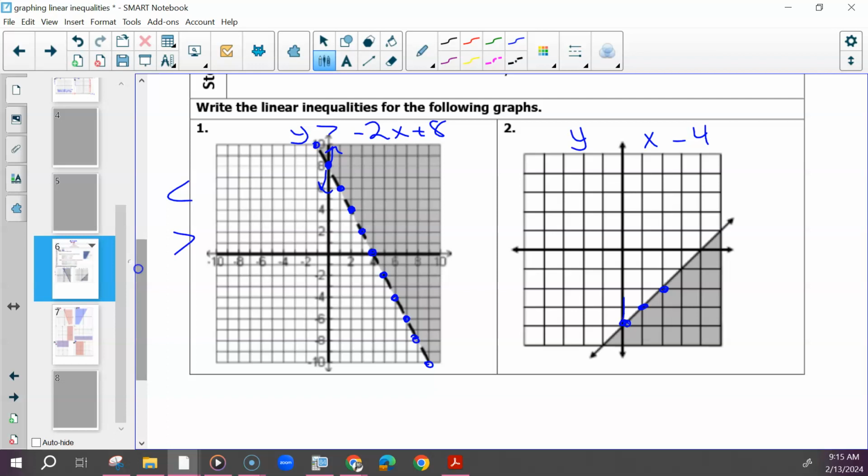Is it shaded above or below the line? Below. So would that be less than or equal to or greater than or equal to? Less than or equal to. Do you have any questions on that?